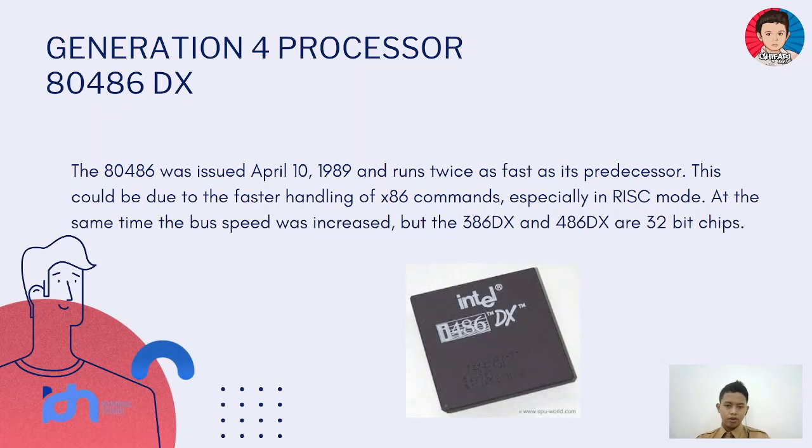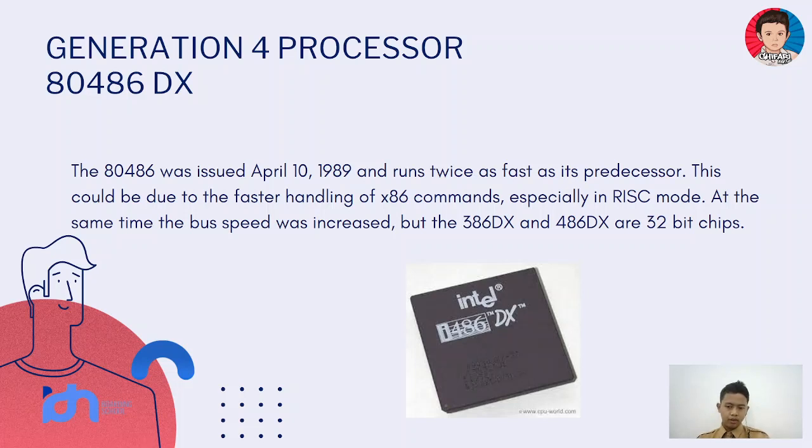Next, generation 4 processor. The 80486 was issued April 10 in 1989 and runs twice as fast as its predecessor. This could be due to the improved handling of x86 commands, especially in RISC mode.